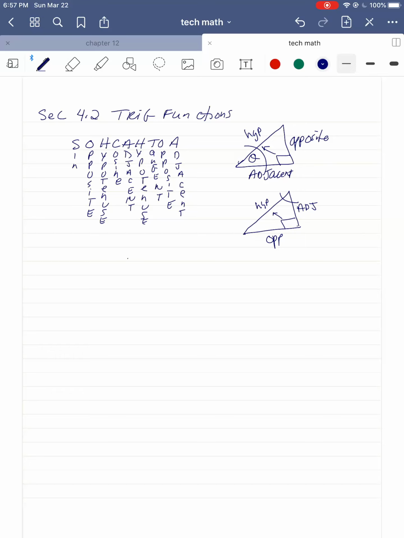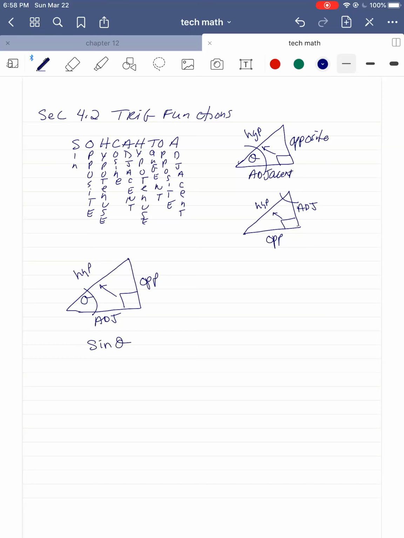So if I'm going to be labeling my sine, cosine, tangent, first thing I want to do is make sure I label my sides appropriately. This is adjacent and this is opposite.